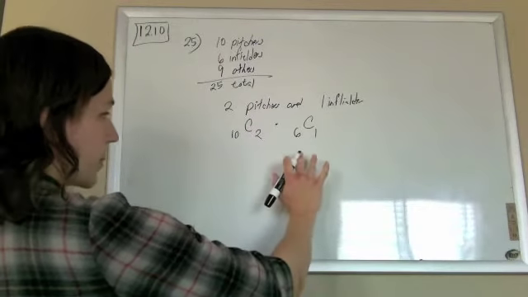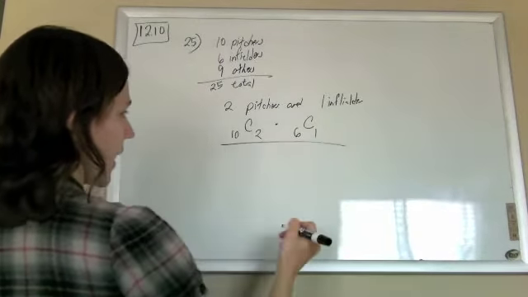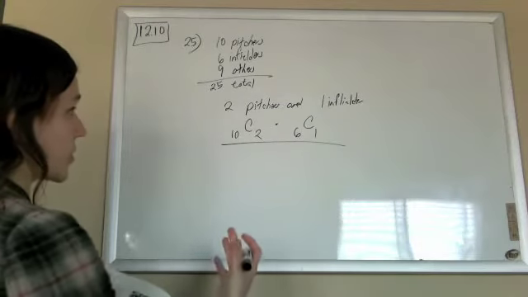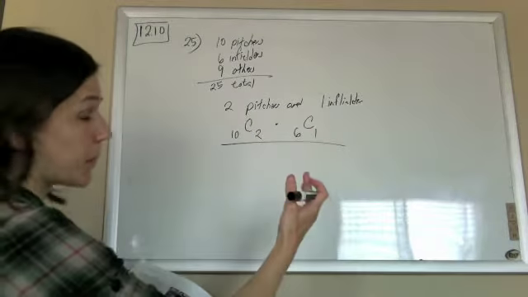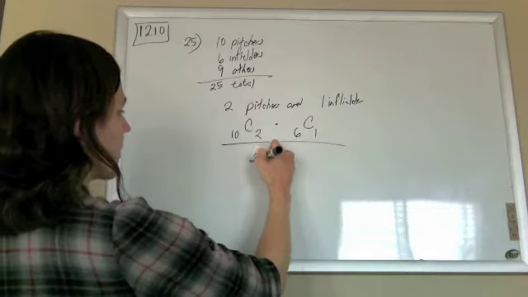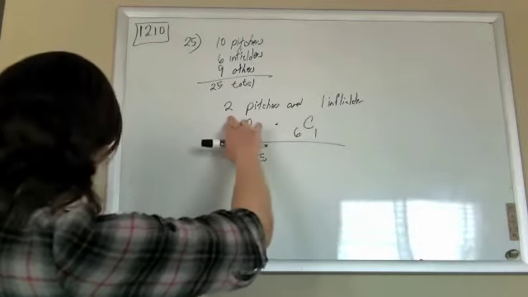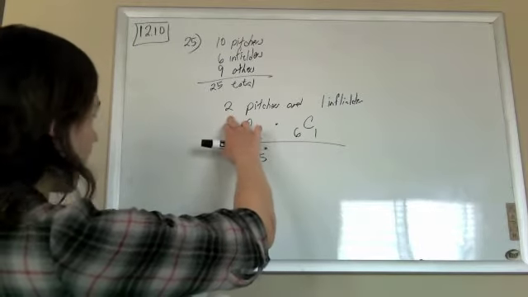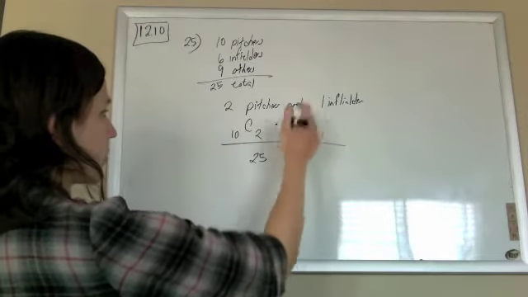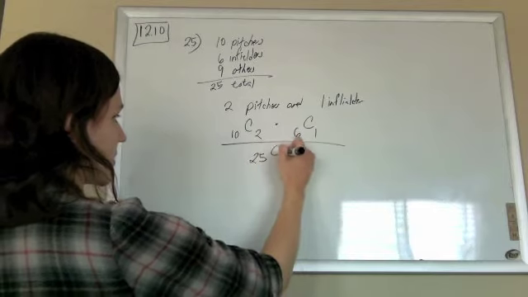To make this a probability, you divide it by the total number of ways to choose 3 people. So you have 25 people possible to choose from, and 2 plus 1, so 3 people that you're choosing total.